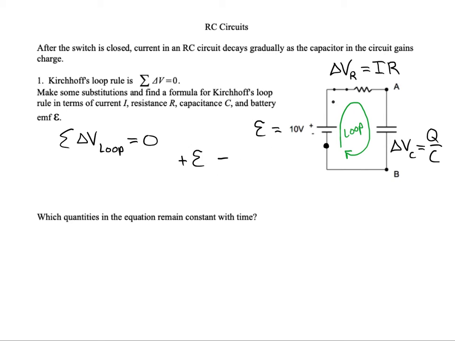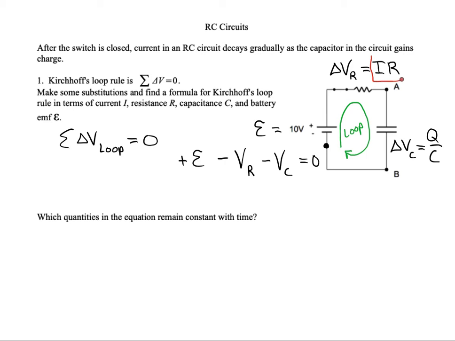And when we subtract the voltage of the resistor, I'll just put VR to represent the magnitude of that voltage. Next, we'll go through the capacitor, and its voltage will be VC. Finally, these things have to sum to 0.